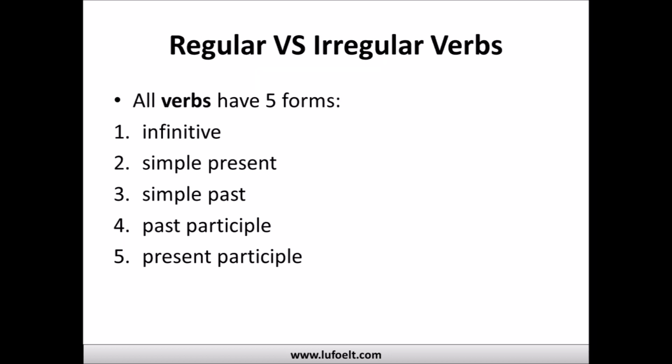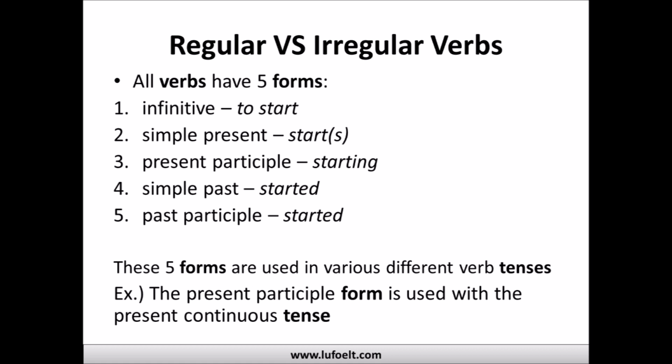Just to make sure everyone understands, there are regular and irregular verbs in English. And all verbs, whether they're regular or irregular, have 5 forms: infinitive, simple present, simple past, past participle, and present participle. Here's an example of the 5 different forms using the verb start.